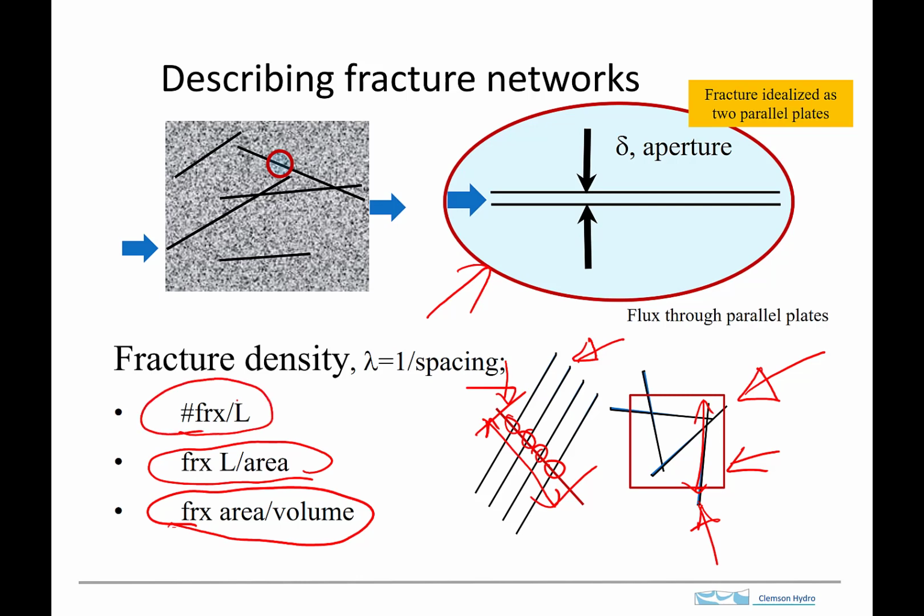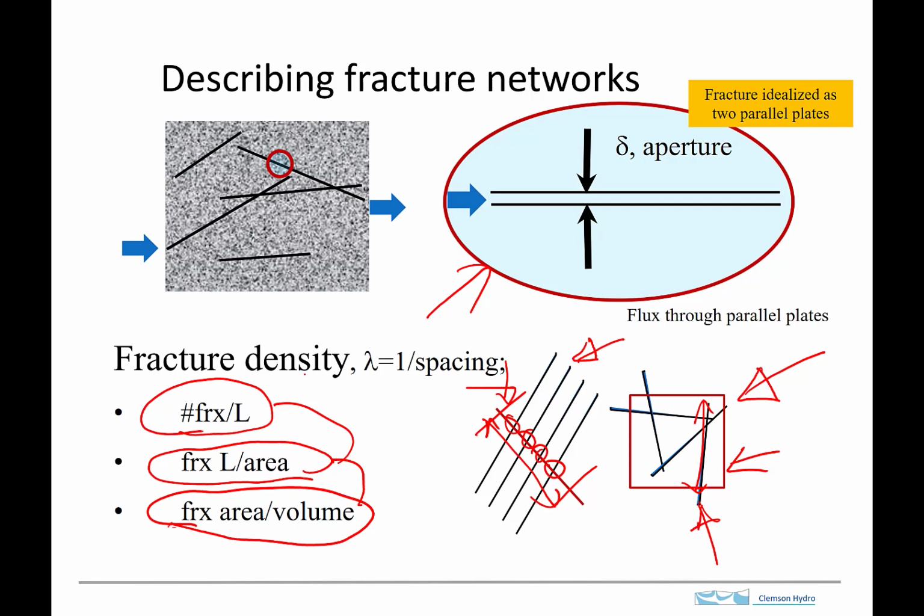And you can show that with some idealized geometry, the fracture area per unit volume is equivalent for idealized fracture geometry. If the fractures are uniformly spaced and parallel, then this is true.